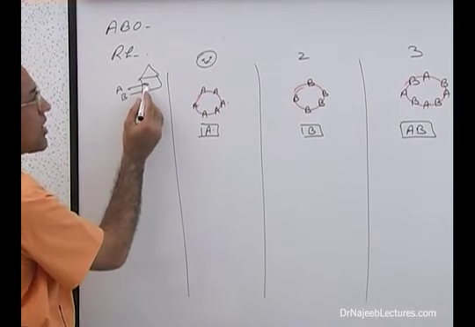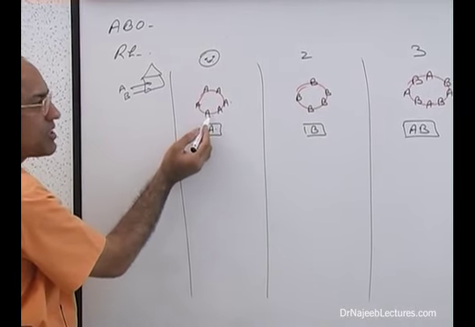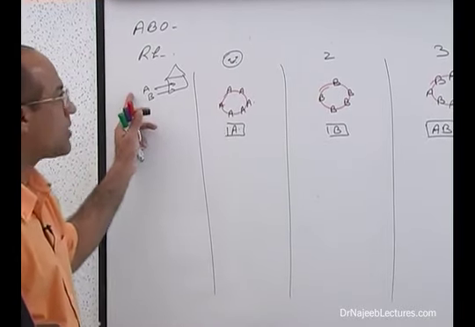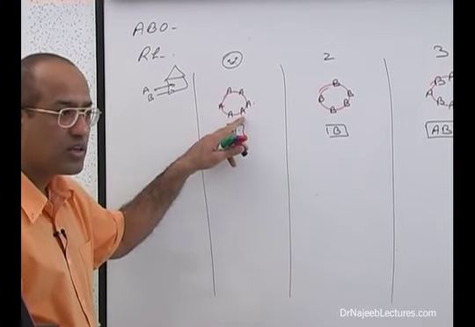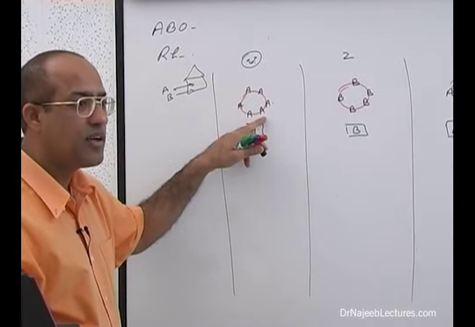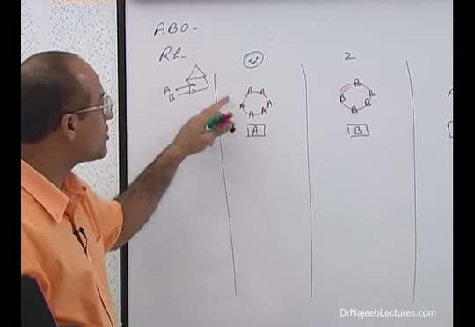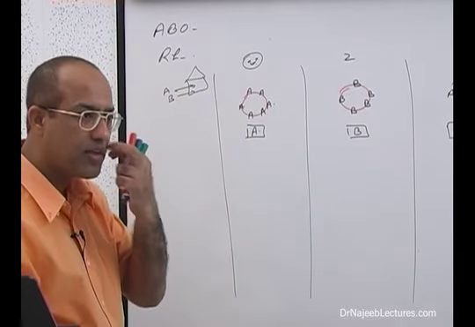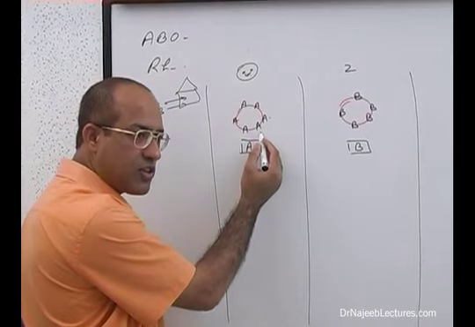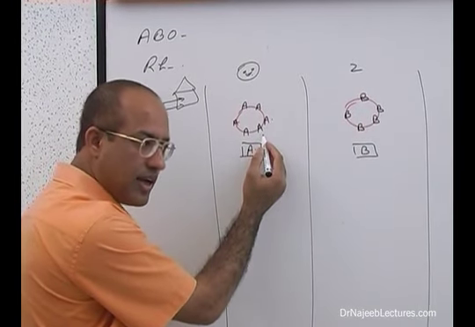But when A antigen comes, it will be perceived as a self antigen, because this antigen is coming from the environment, but it is also present in his own body. So because A antigen is his own antigen, do you think this person's immune system will make anti-A antibody? No. So the person who has A antigen does not make anti-A antibodies.